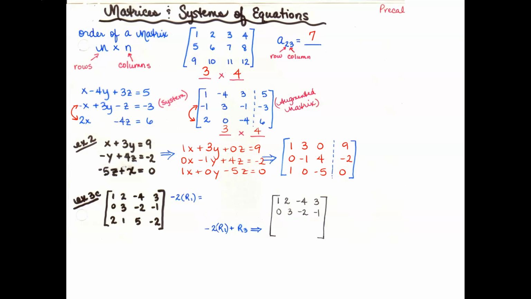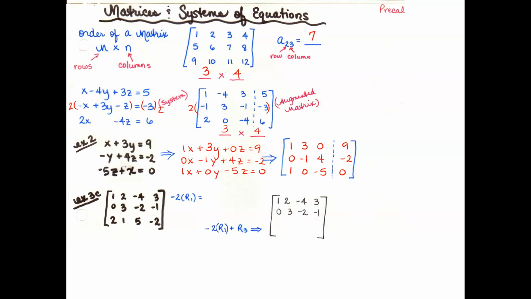Come over here and think about the system that's associated with that. Could you switch the second and third equation in that system? That wouldn't change anything, right? It doesn't make a difference if I call this number 2 and this number 3, or this number 2 and this number 3. It's the same system, right? So we can see why we would be able to switch 2 rows in the matrix as well.